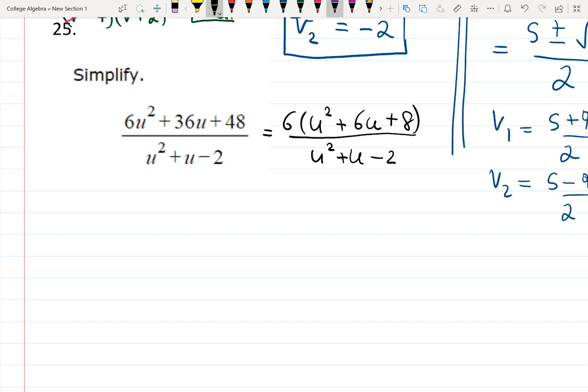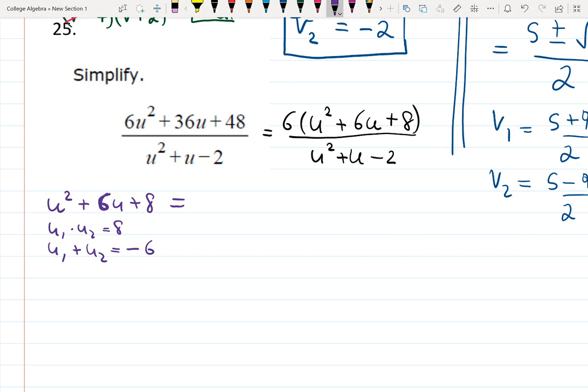And now let me divide the numerator and denominator with colors. So I will try to find what I can do with u squared plus 6u plus 8. And again, choose the method you like. I like my methods where I'm guessing the roots, and it's pretty fast this way, especially if you have good imagination. So I have 8, and I remember that u1 times u2 should give me 8. That's probably 4 and 2. And indeed, u1 plus u2 should give me minus 6.